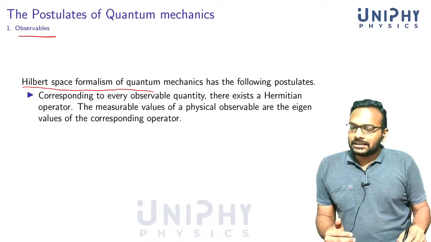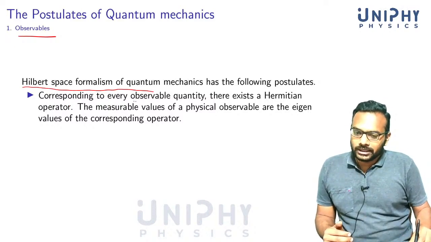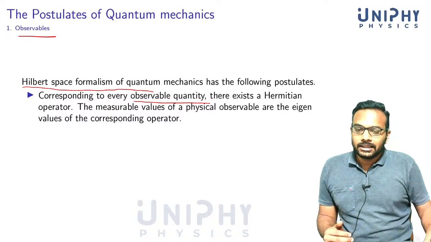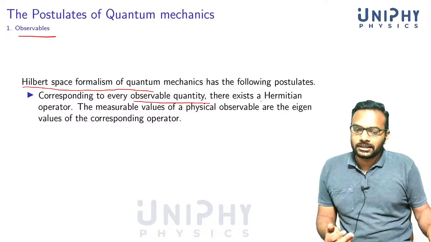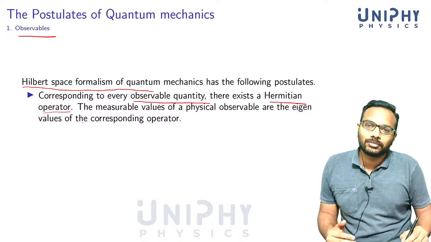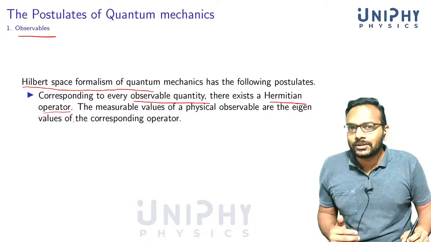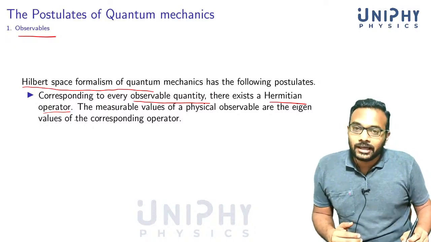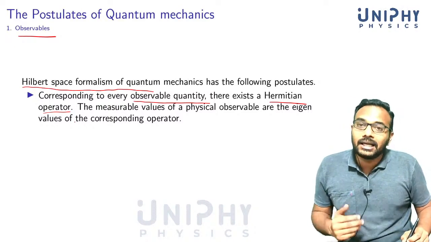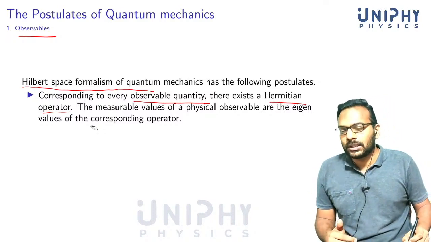The first postulate is regarding the observables. Corresponding to every observable quantity like energy, momentum, etc., there exists a Hermitian operator. I told you why we chose Hermitian operators. Hermitian operators have some nice properties. Importantly, their eigenvalues are always real. And even more importantly, the eigenvectors form an orthonormal set, which is fundamental to quantum mechanics.